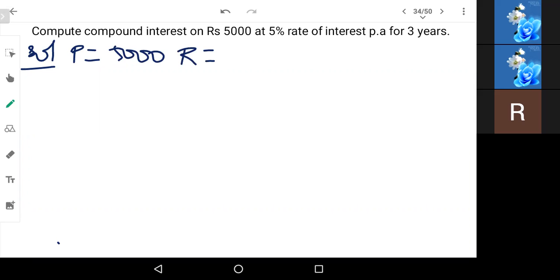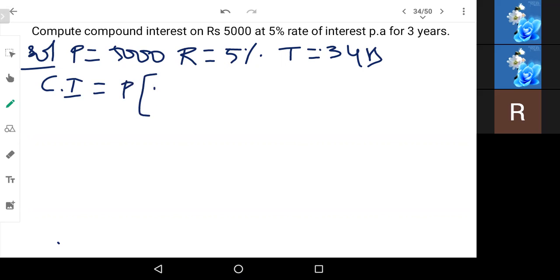Rate of interest is given, which is 5%. And time is given, which is 3 years. Now put the formula of compound interest. What is the formula? Compound interest is equal to P into 1 plus R by 100 to the power T minus P. This is the formula.